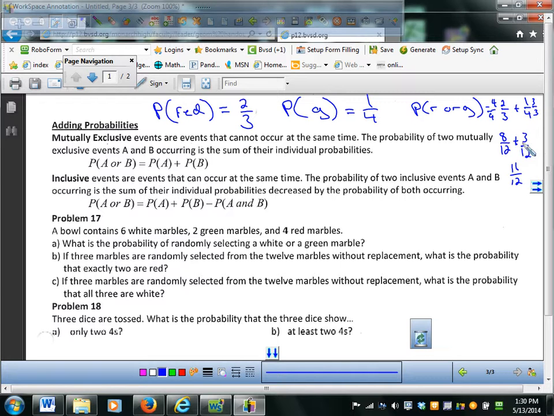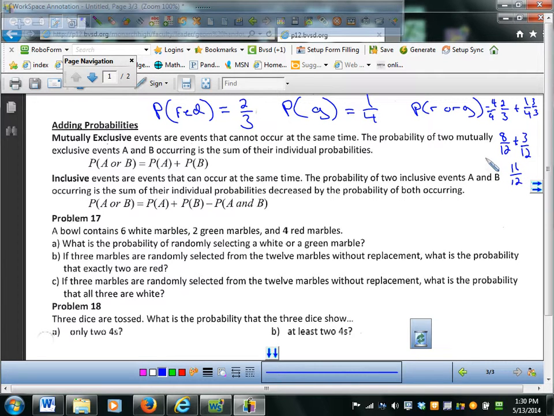I'm finding a common denominator. 2/3 is equal to 8/12, 1/4 is equal to 3/12, and 8/12 plus 3/12 is 11/12. So if the probability of getting a red is 2/3, and the probability of getting a green is 1/4, then the probability of getting a red or a green is 11/12, right?